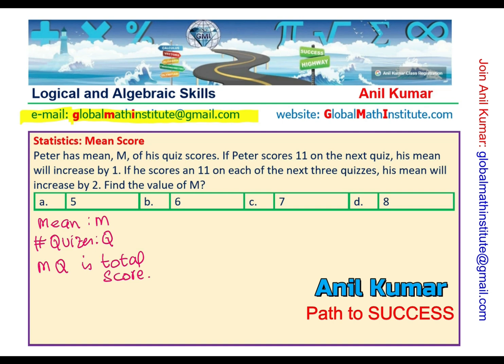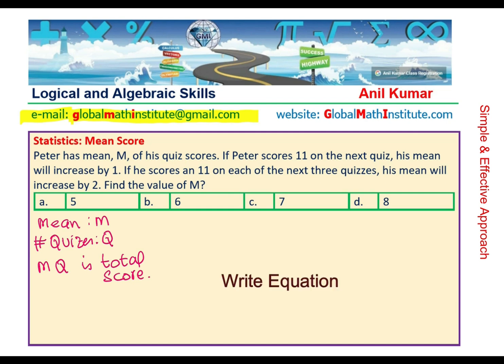Now what happens if he gets 11 in the next quiz? 11 in the next quiz means the mean will become M plus 1, right? Quiz will become Q plus 1 and total will be MQ plus 11. Makes sense? Because in the next quiz, the score is 11.